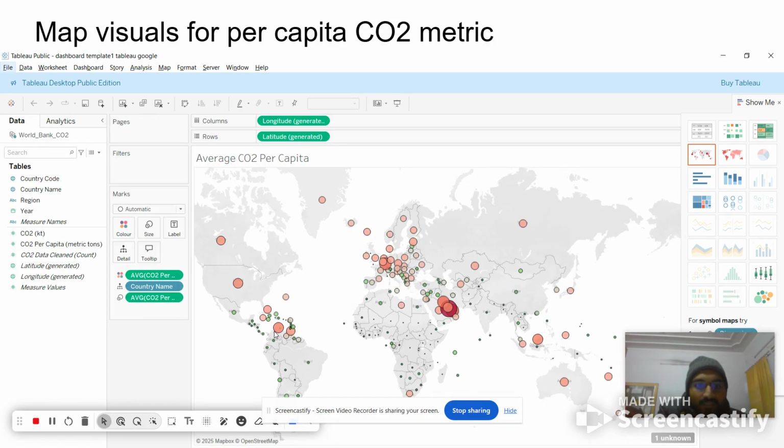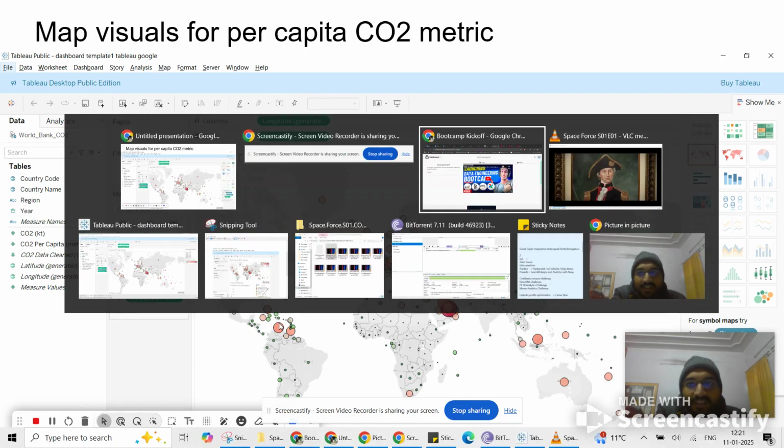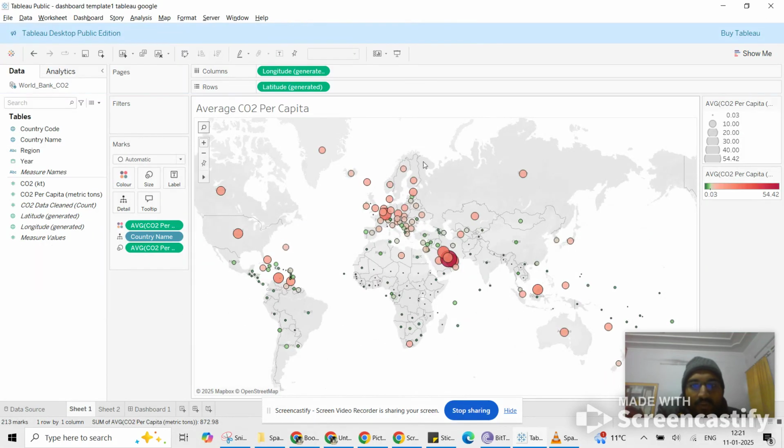These three are the darkest. So what our Tableau device helps us with is that we can hover on it, and you can see that this is country name Qatar. So Qatar has the highest per capita carbon dioxide emissions. Then secondly is Luxembourg, and finally the third is Aruba.